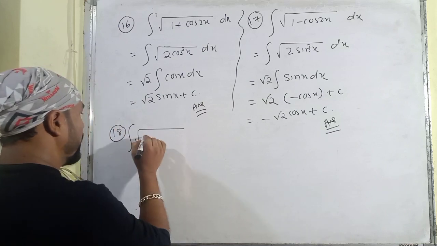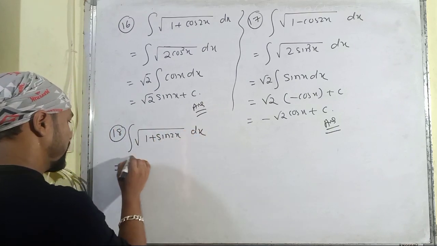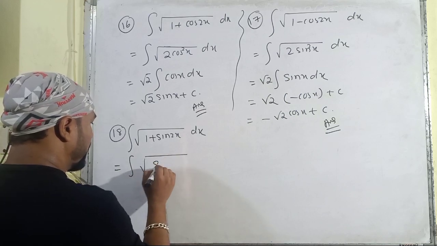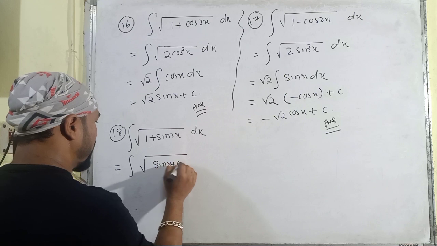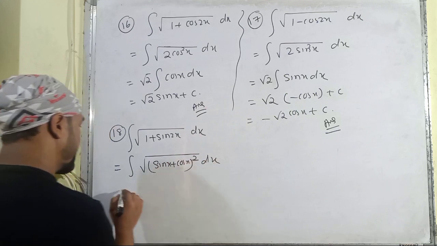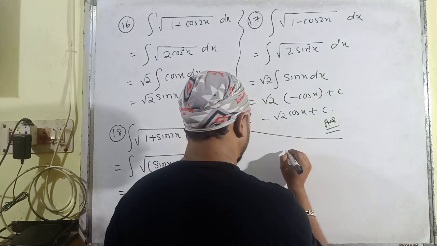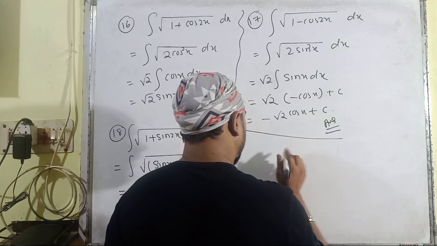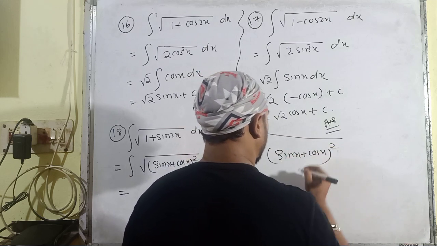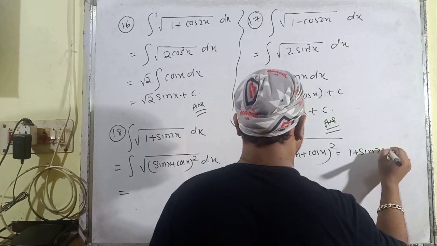Integral of 1 plus sin 2x. Integral of the whole square of sin x plus cos x. From the trigonometry topic, we know from the 11th class that the whole square of sin x plus cos x is equal to 1 plus sin 2x.